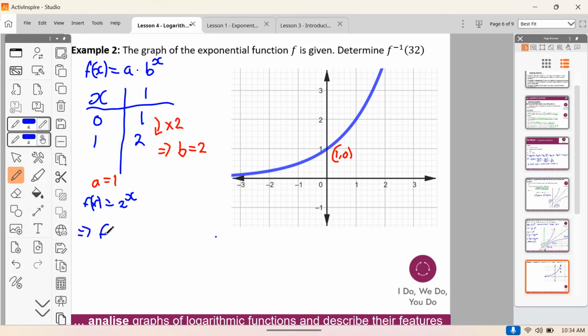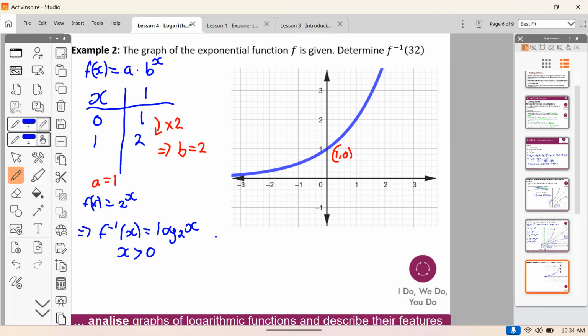So f inverse of x is equal to log base 2 of x, where x is greater than 0. So using this, we can find what the value of f to the minus 1 of 32 is.